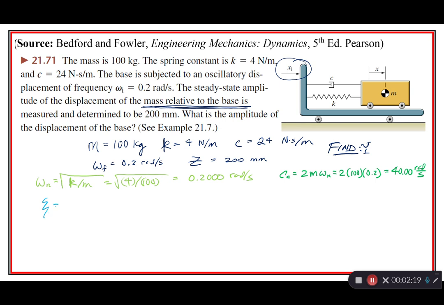Then now we can find the critical damping coefficient, that was the critical damping coefficient. We can find the damping ratio of 24 divided by 40, or 0.6, and we can find the R, so omega F over omega N. So omega F is 0.2, omega N is 0.2.